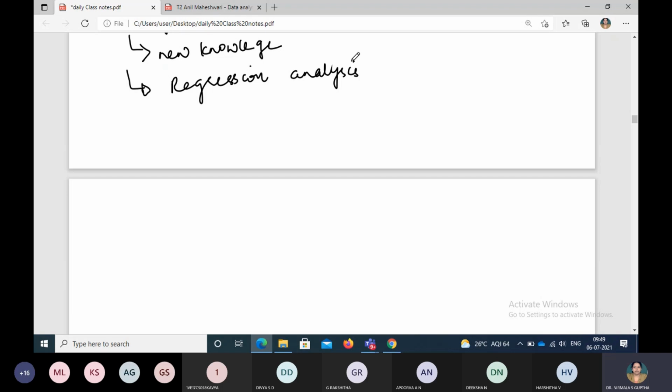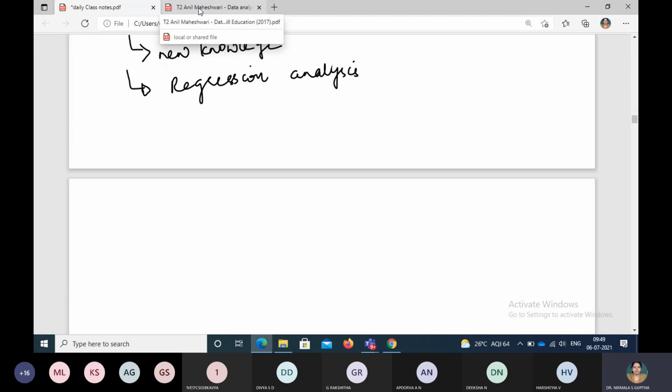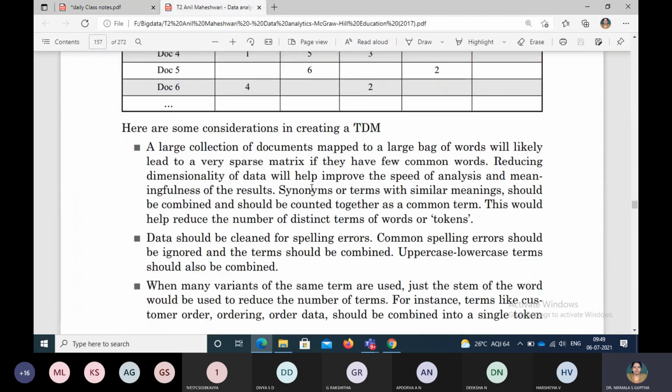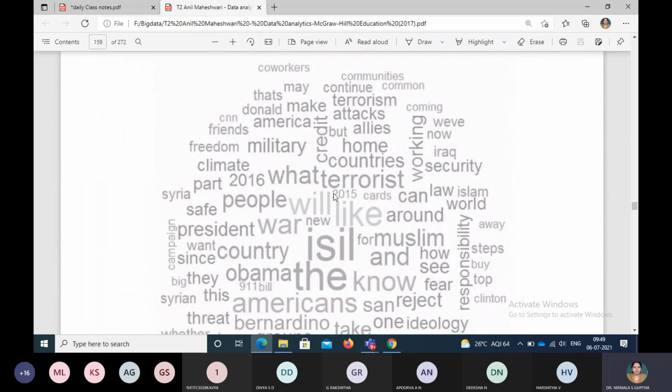So like this, many word clouds could be created for the top 1000, top 100, top 10 based upon the speech of Modi ji. Or here in the textbook, they have taken an example of Obama giving a speech on terrorism. There, the cloud of words has been created, something like this.